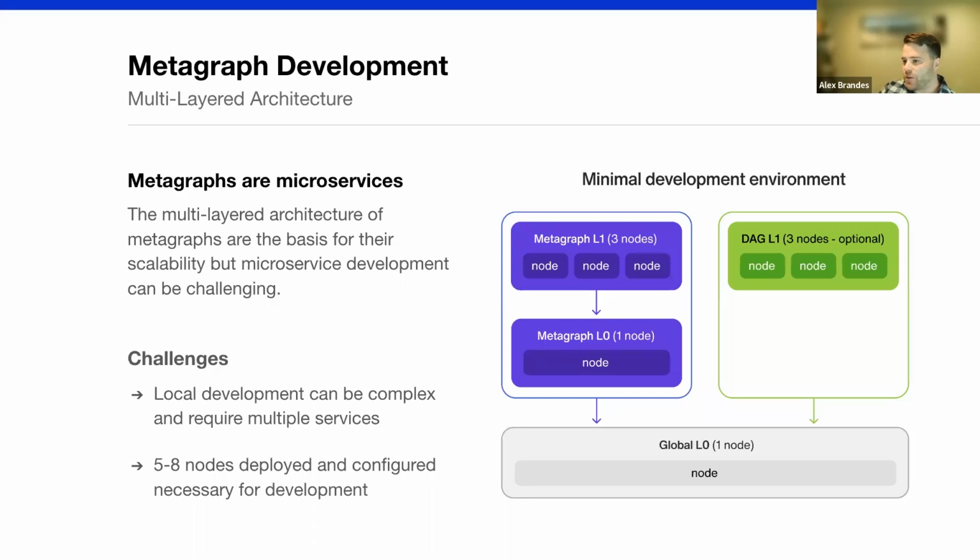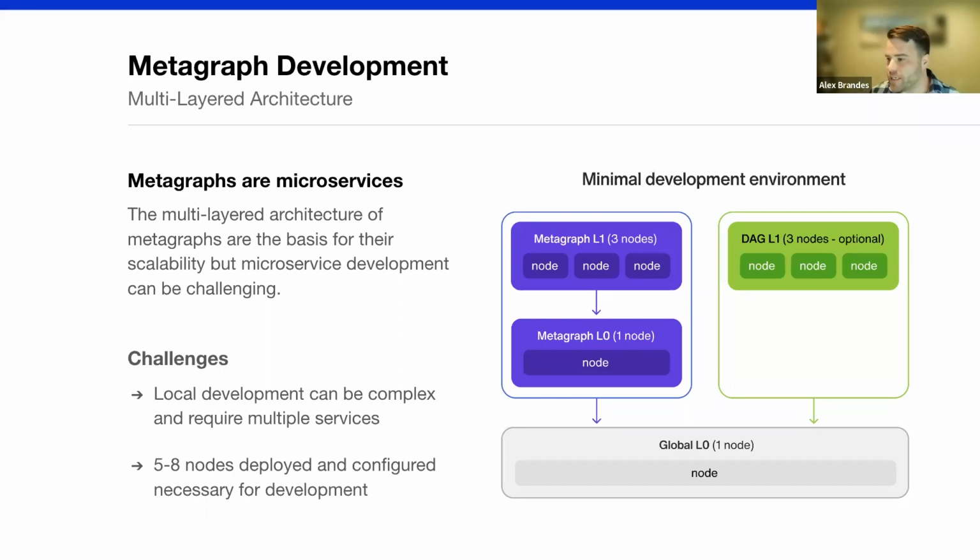That structure is the basis for a lot of the scalability of the network, why we can handle a lot of throughput. But development on microservice style architectures can also be challenging. I think that's pretty well known in the developer community. When you have a lot of moving pieces, you have a lot of services that you need to set up and configure. And so that's one of the things that we really wanted to focus on and simplify for this SDK.